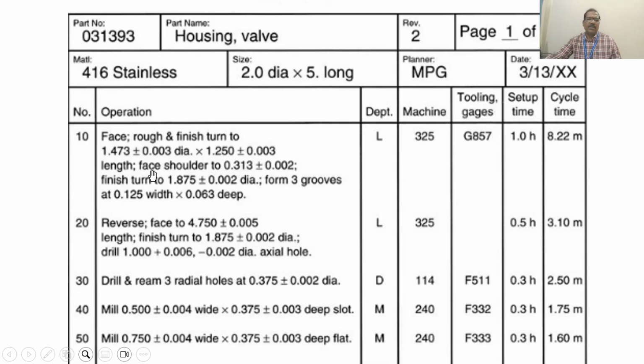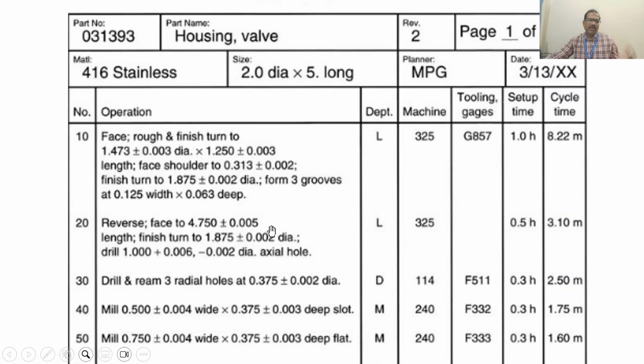Then the facing, the shoulder, and the value for the facing; for the finishing turn, how much finish turn they need to do, what the diameter is, how many grooves, and what depth they have given.